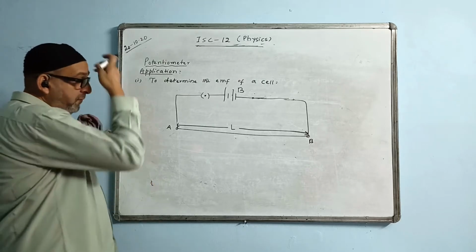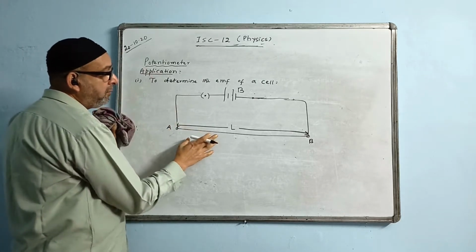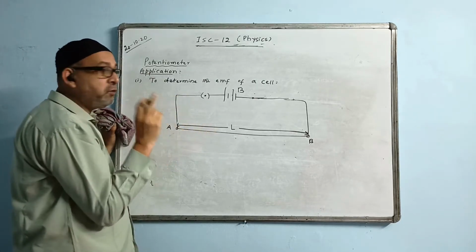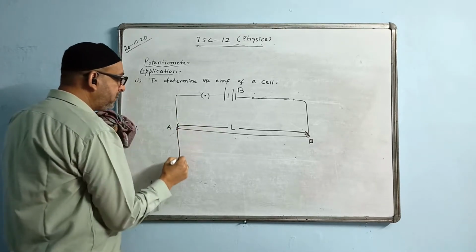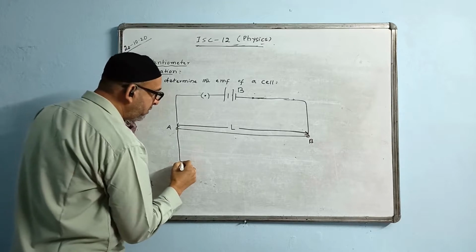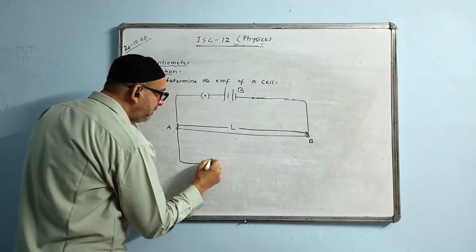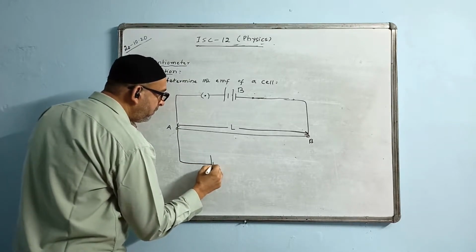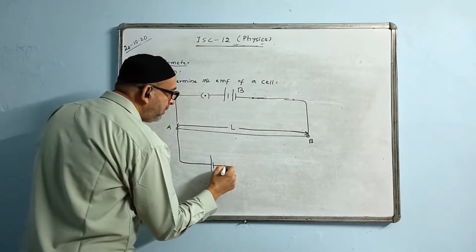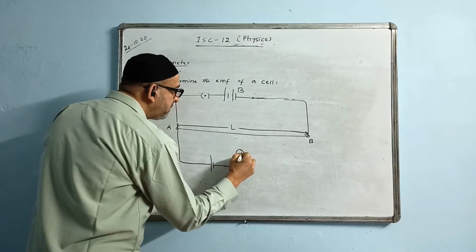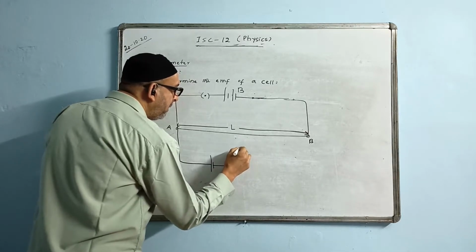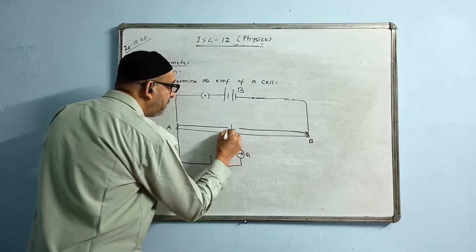And now we are connecting a cell whose EMF we want to find to this circuit. So how do we connect? Learn about that. We will be using a cell with a galvanometer here like this, and a jockey will be sliding over.